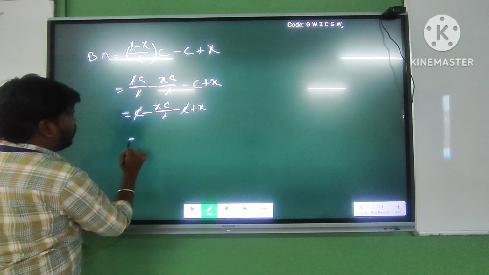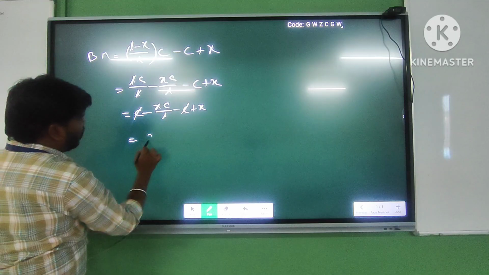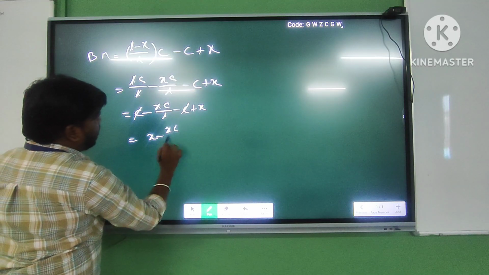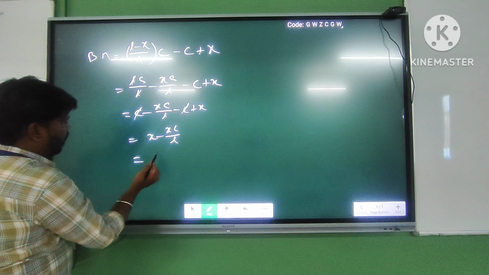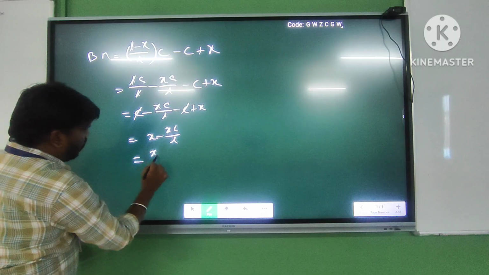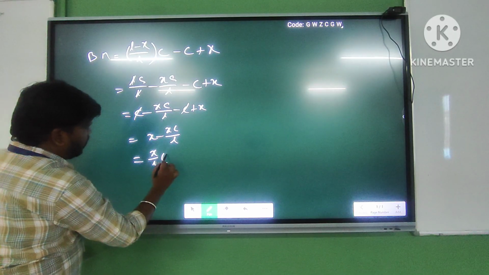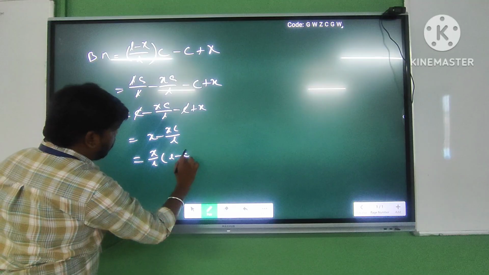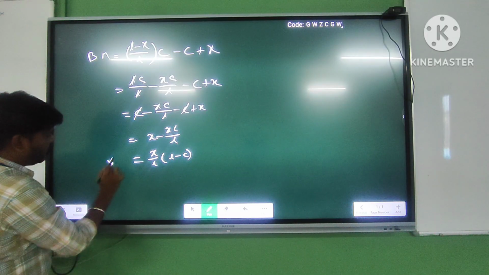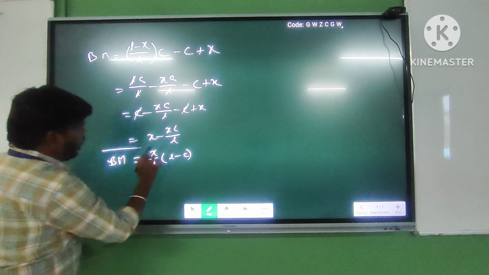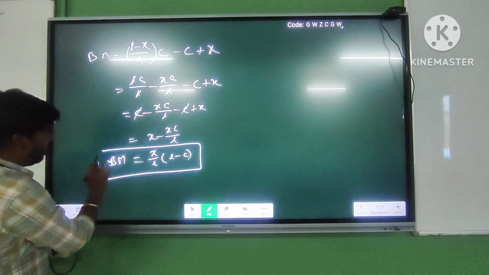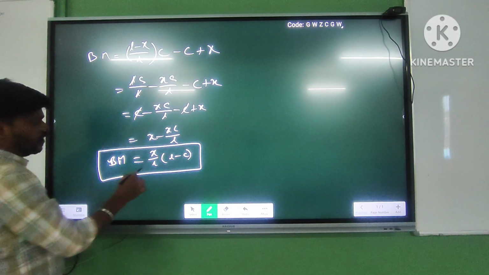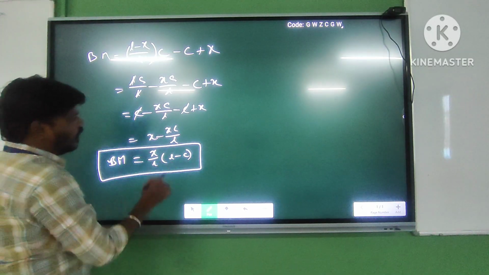This C will also get cancelled and we will write this x at front, x minus x into C by L, and by taking x by L as common, x by L, here we will get L. In this term the C will be remaining. Bending moment at section x is equals to x by L into L minus C.